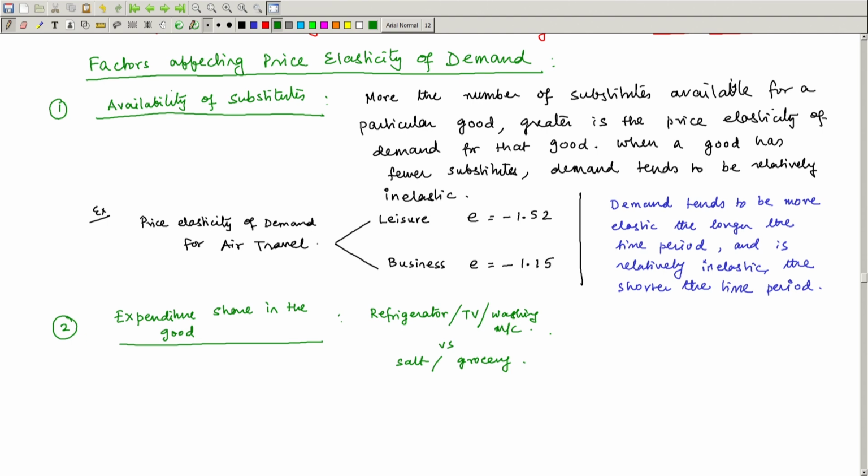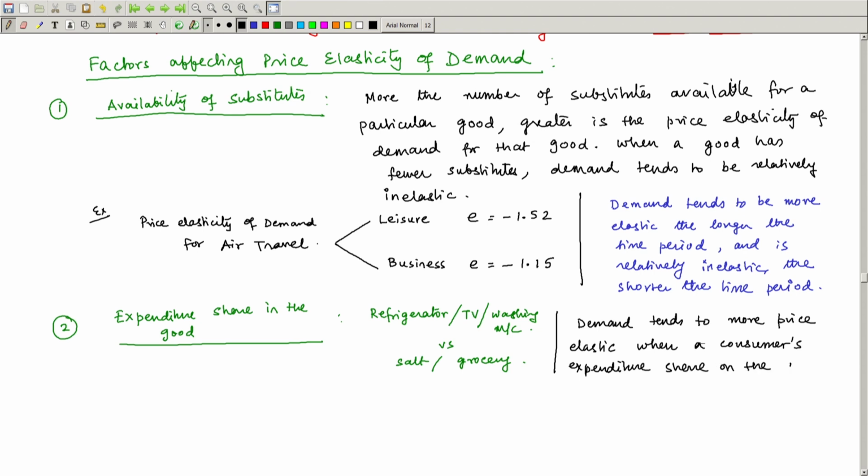So, let's write this. Demand tends to be more price elastic when a consumer's expenditure share on the good is large.